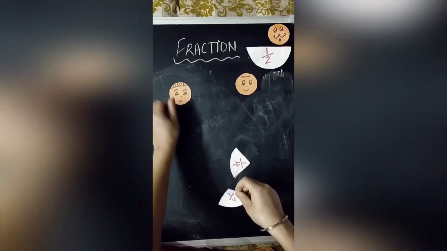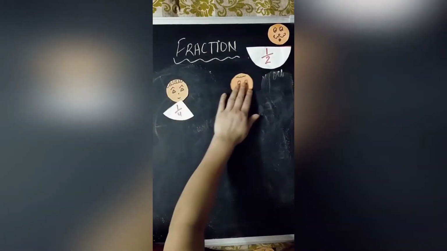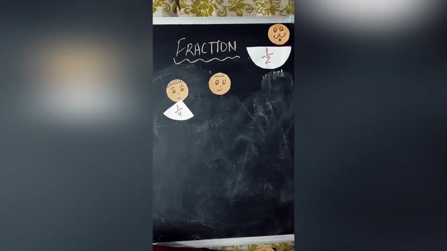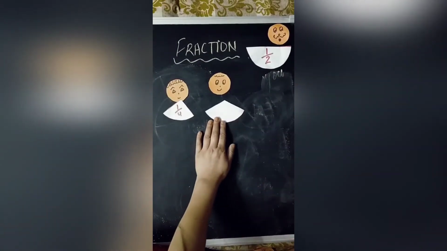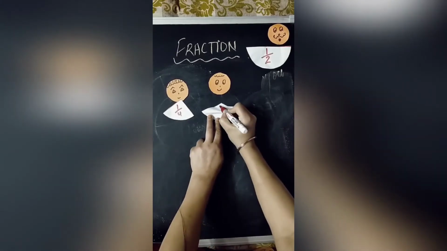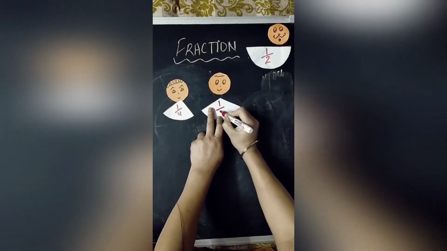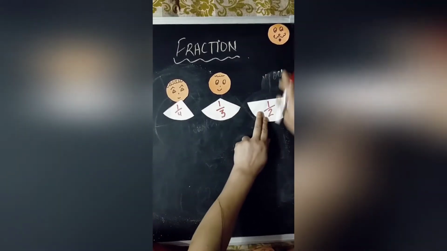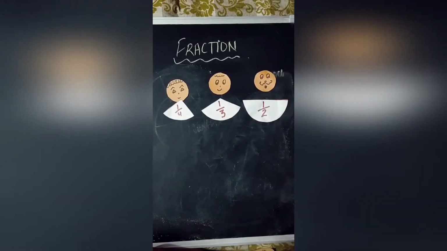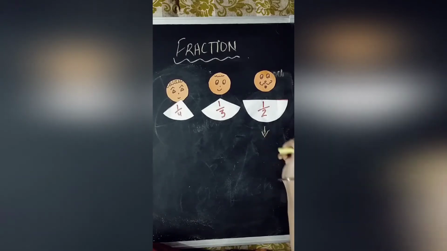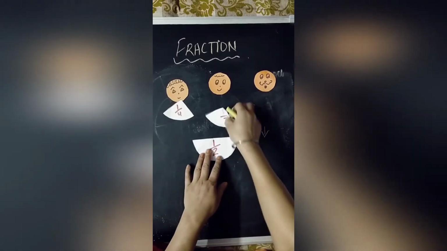Now, who ate the bigger piece? He got 1/4. What was the name of this piece size? We have made thirds, so this is 1/3, and he ate 1/2. Who ate more? So let us compare.